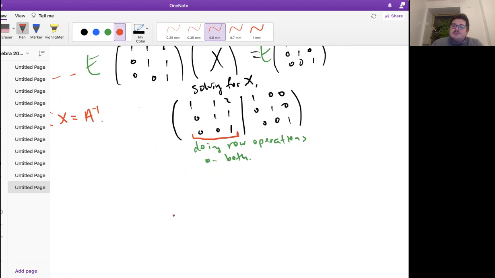Okay, so can someone say, what is your first step into putting the left matrix into reduced row echelon form? It's already nice, right? It's already in row echelon form. So how would you finish it off into reduced row echelon form? What's your first step?